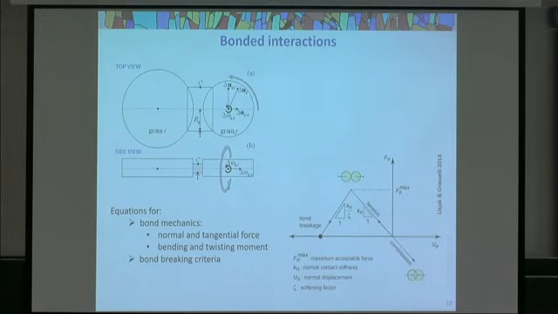Plus we have to specify criteria describing how the bonds break if we want to include breaking in our simulation. In most models these criteria are based on stress acting on bonds, which means that we prescribe for each bond its compressive, tensile and shear strength, and if the stress acting on that bond exceeds the maximum value, then the bond breaks. And the last thing is what it really means that the bond breaks.